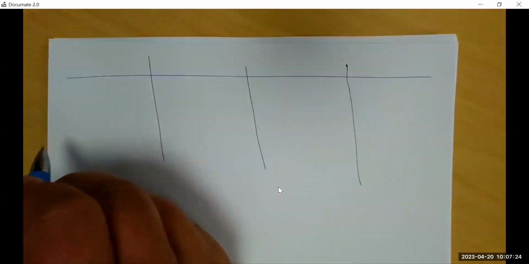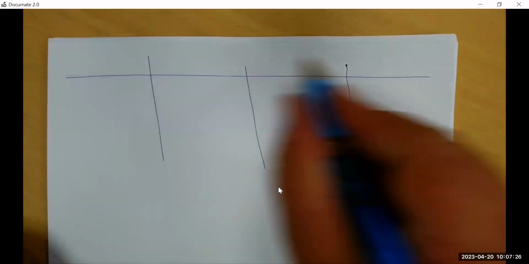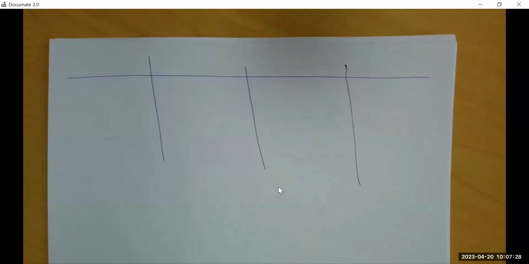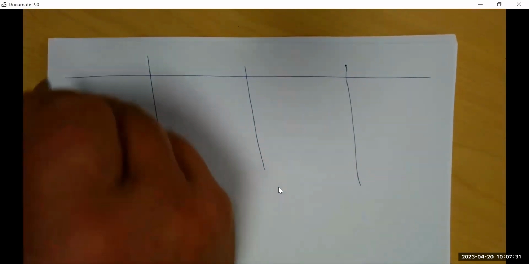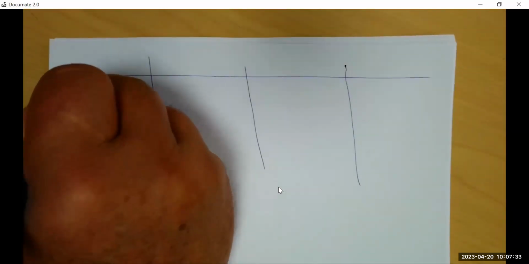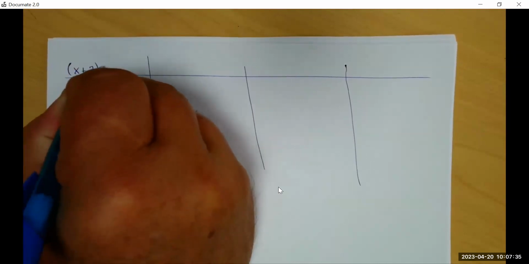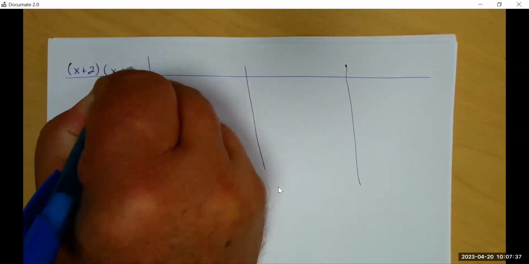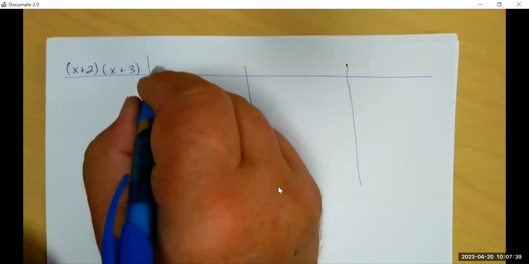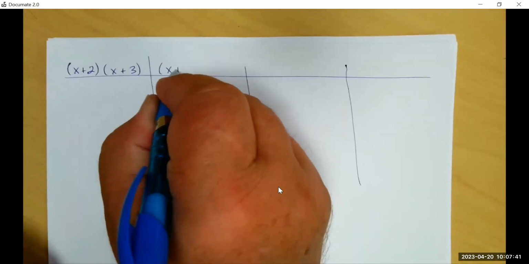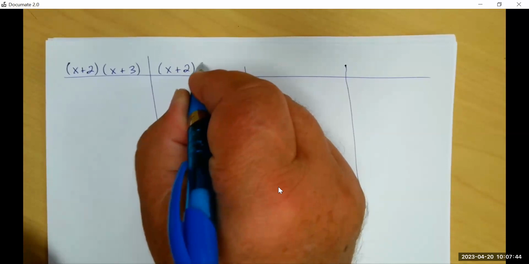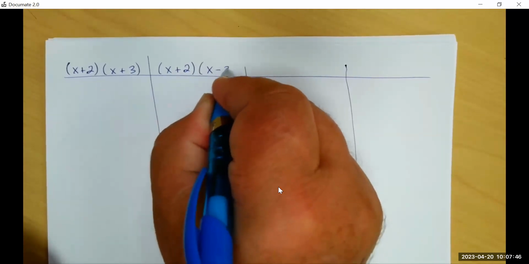So 3 lines. Because I'm going to give you 4 separate binomial pairs and you're going to multiply them together. The first one, x plus 2 times x plus 3. X plus 2 times x minus 3.